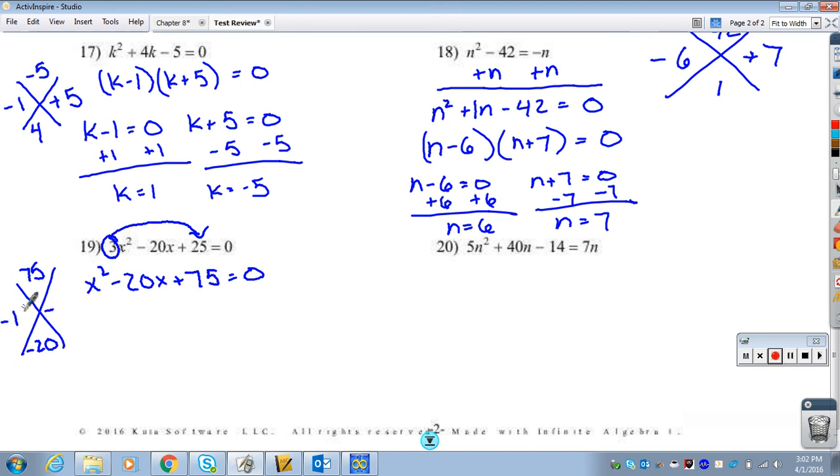And it's going to end up being 15 and 5. So my factors are x minus 15 and x minus 5. Alright, we slid, so we have to divide. Slide and divide. Alright, 15 divided by 3 is 5. 5 over 3 is a simplified fraction, so it bottoms up.